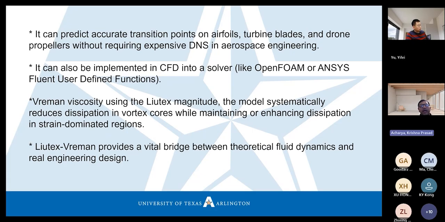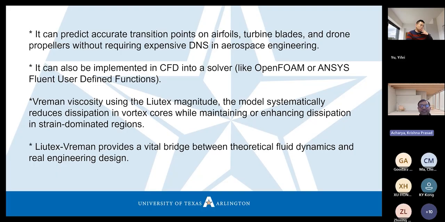It can predict accurate transition points on airfoils, turbine blades, and drone propellers without requiring expensive DNS in aerospace engineering. It can also be implemented in CFD in a solver like OpenFOAM or ANSYS, computing eddy viscosity using the Liutex magnitude.